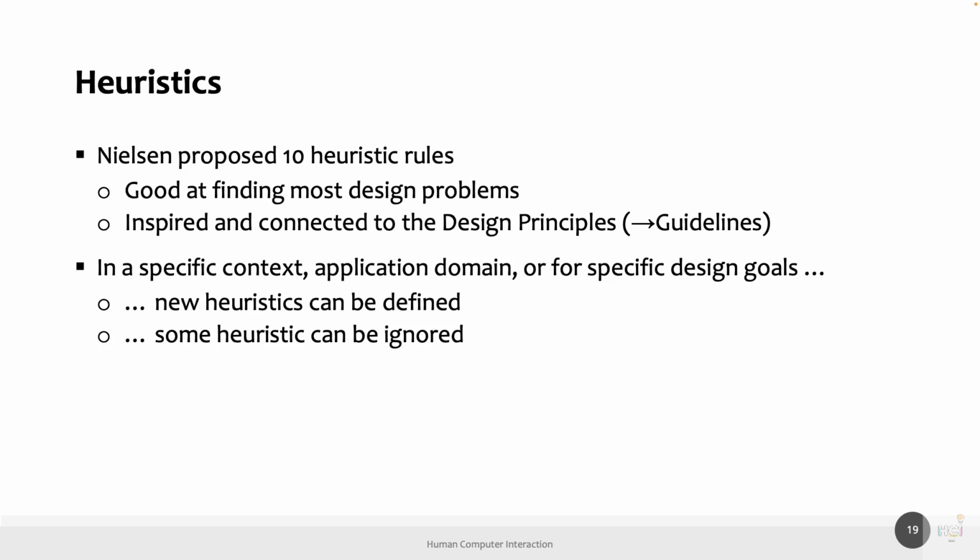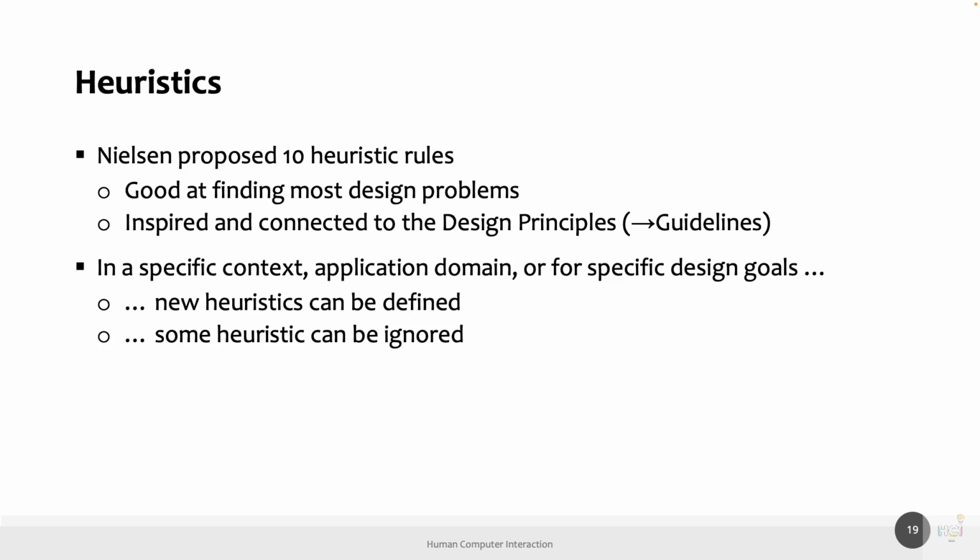So Nielsen proposed 10 heuristics to find usability problems in a design, and we will see them in detail. And of course, they are mainly inspired by the design principles that you have already seen, so there will be some overlap.